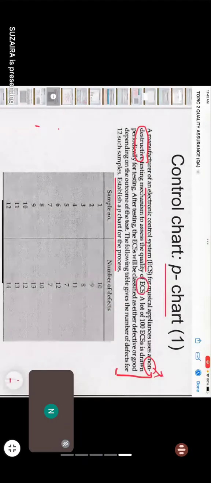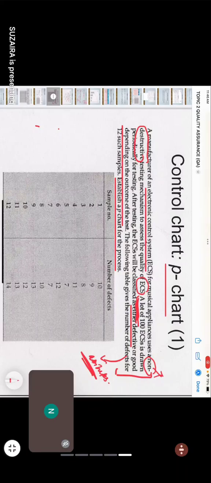A lot, remember, a lot. So underline this one, a lot. A lot of 100 ECS is drawn periodically for testing. After testing, the ECS will be classified as either defective or good depending on the outcomes of the test. So this one is more towards attributes. You want to know whether the whole lot is good or bad.